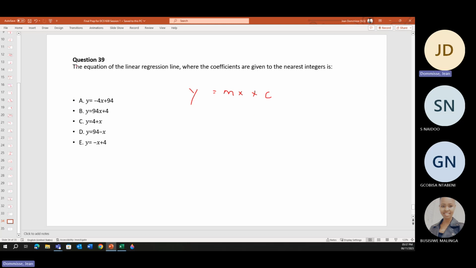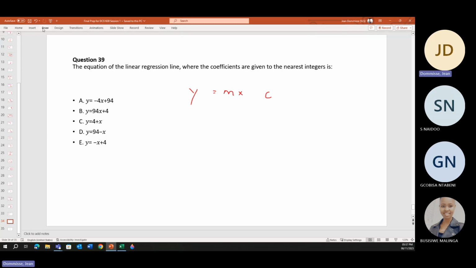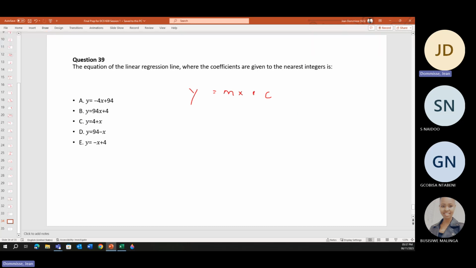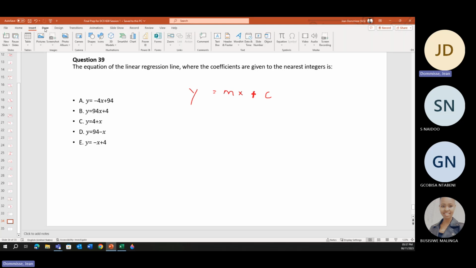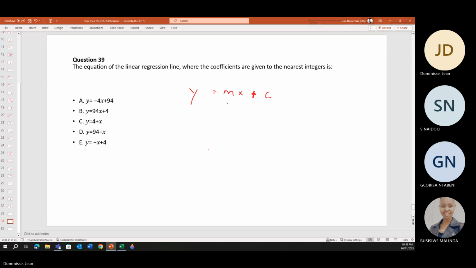Let's just change that so that it at least looks like a plus and not like a multiplication. Okay, mx plus c. So again, from that same data, what I'm going to work out is a slope.